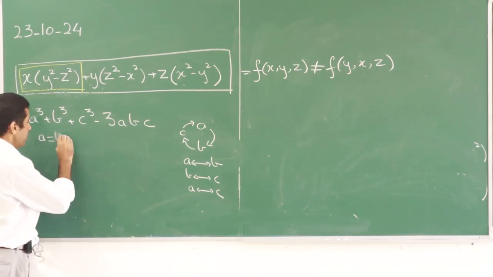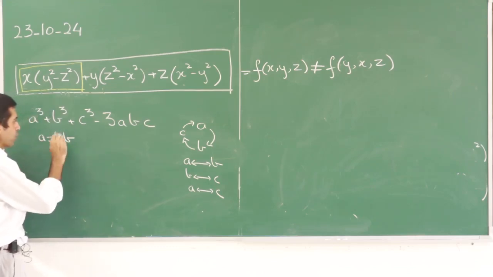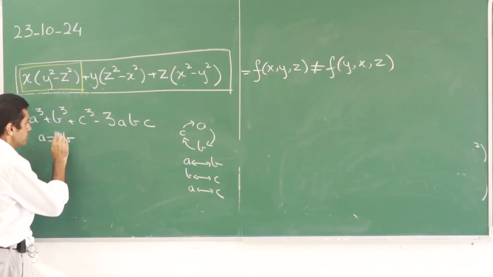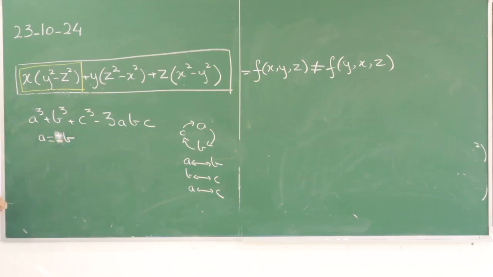If you put a equal to minus b, does this polynomial go to 0? जाता है? नहीं जाता. a equal to minus b पे नहीं जाता. ये दो टर्म्स आपस में कैंसिल करेंगी, लेकिन ये दो टर्म्स आपस में कैंसिल नहीं कर रही. ये नहीं जाता. Okay?